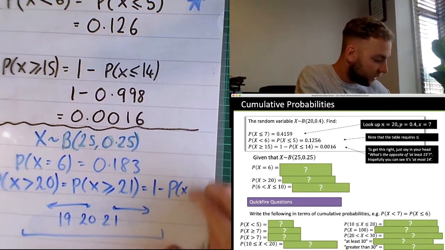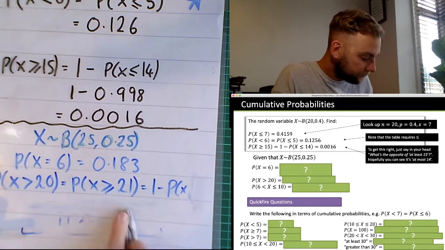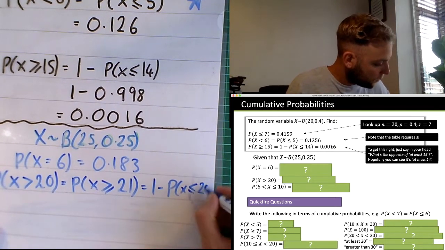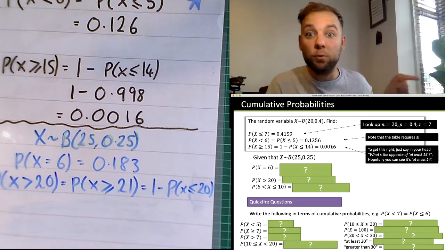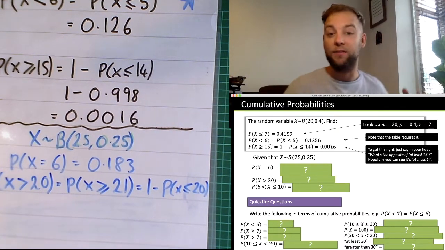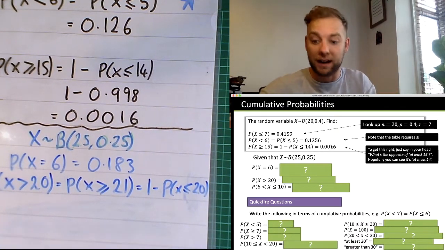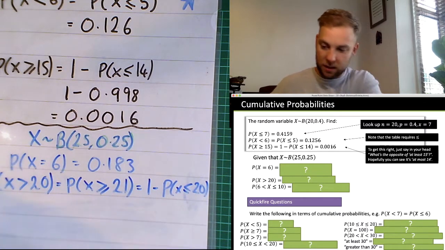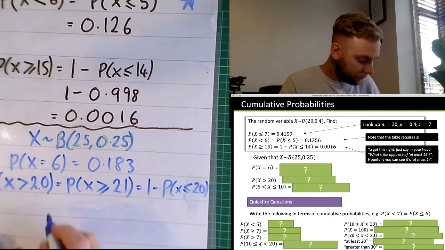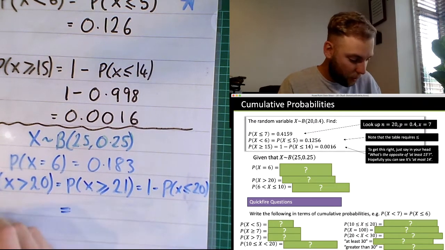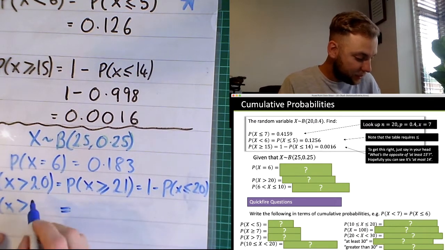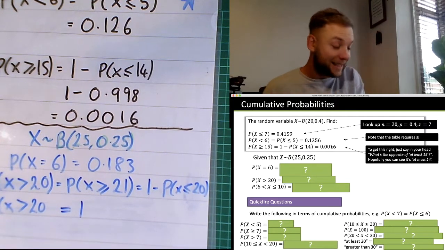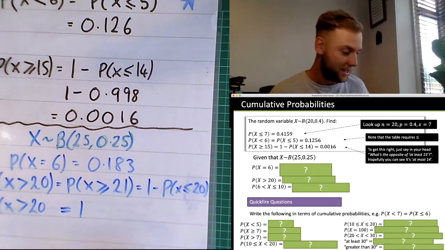Let's make this a little bit clearer for you. So 1 minus the probability of 20. And we can work out the probability that our random variable is less than or equal to 20 on our calculator. So the probability that x is greater than 20 is equal to 1 minus the probability that it's less than or equal to 20. Okay.